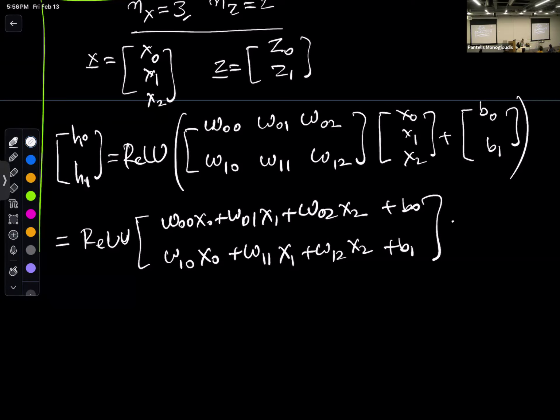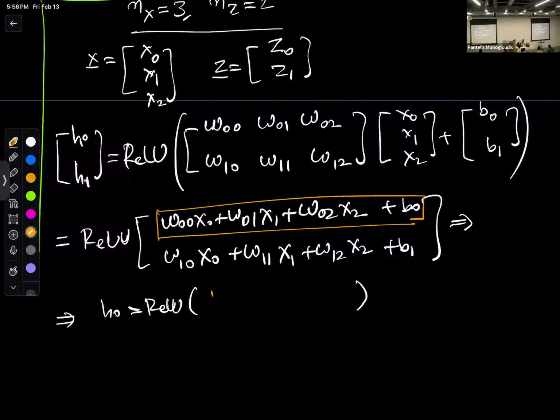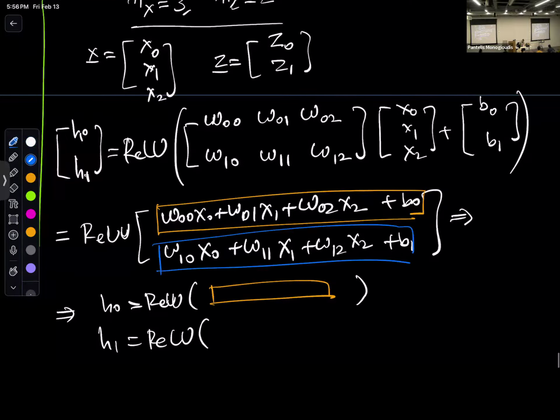From here I can conclude H0 is going to be ReLU of this thing, which I'm not going to write. And finally, H1 will be ReLU of this thing, which I'm not going to write.